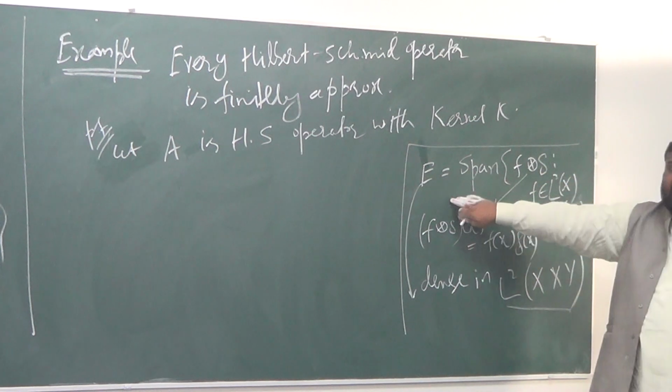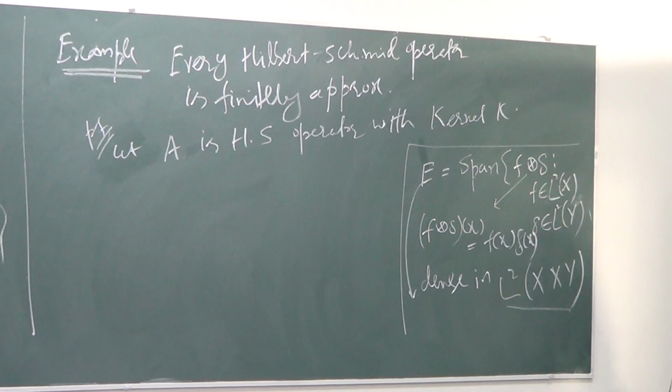So in other words, such an E is dense in L2, right? It's at the very beginning of chapter 11, the proof of this proposition. If you wish, you can read it from there.